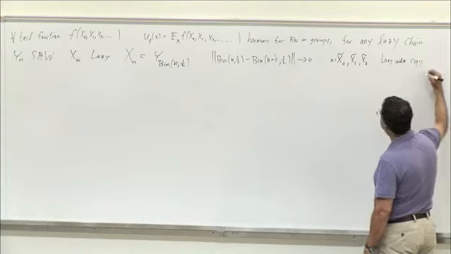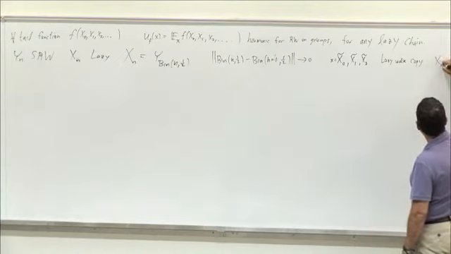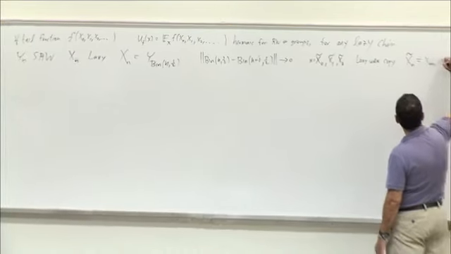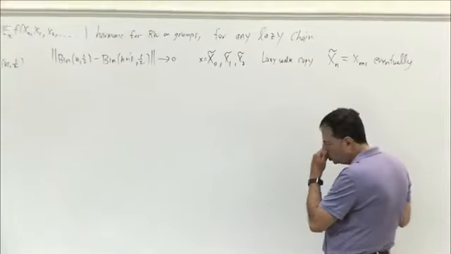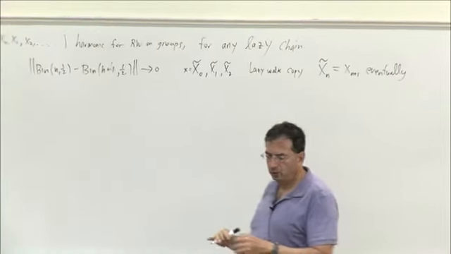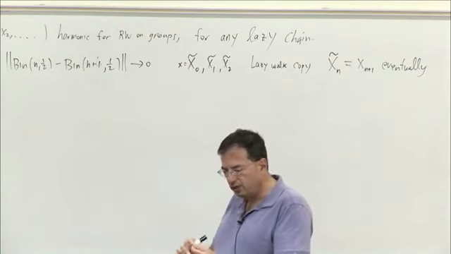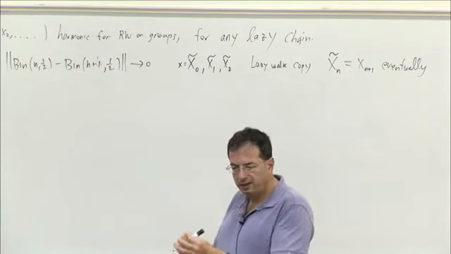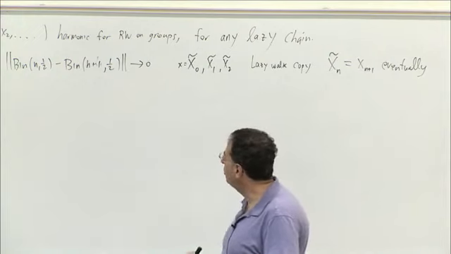It's not an independent copy. It can be coupled so that X_n tilde equals X_{n+1} eventually. So when you run these two walks, they start with a shift of 1, but the fact that this total variation distance goes to 0 implies that you can do this coupling.